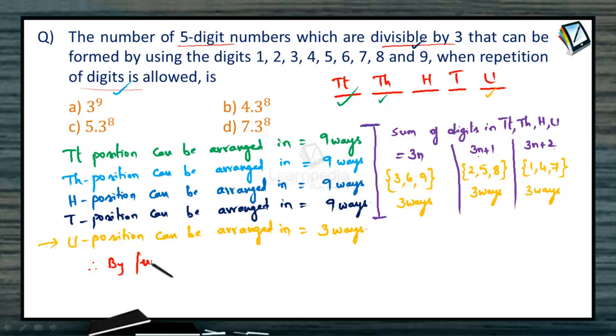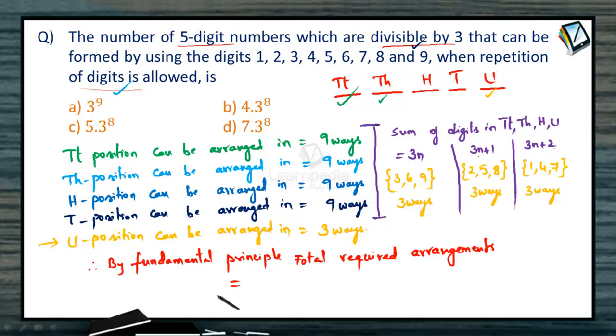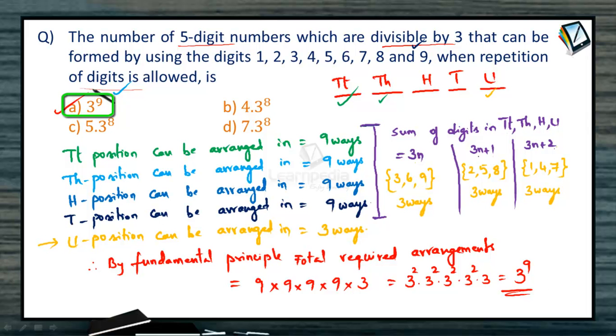Therefore, by the fundamental principle, the total required arrangements will be equal to positioning of the 10,000s place in 9 ways, and the thousands place in 9 ways, and the hundreds place in 9 ways, and the tens place in 9 ways, and the units place in 3 ways, which is the same as writing 3 square into 3 square into 3, which is 3 to the power of 9. If you observe the options, option A is the same as 3 to the power of 9.